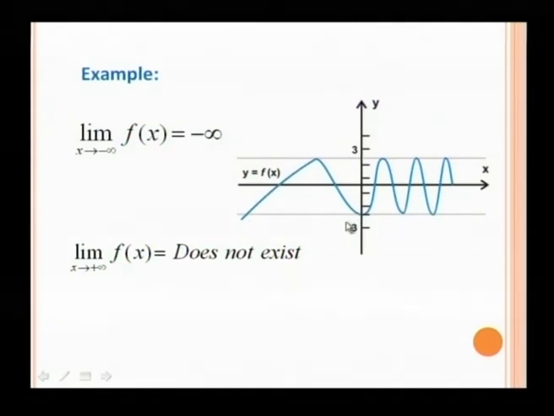And for the second case, limit x tends to plus infinity f of x does not exist, because when x tends to plus infinity, our function oscillates between minus 3 and 3, but it does not tend to a finite or definite value. So over here, the limit does not exist.